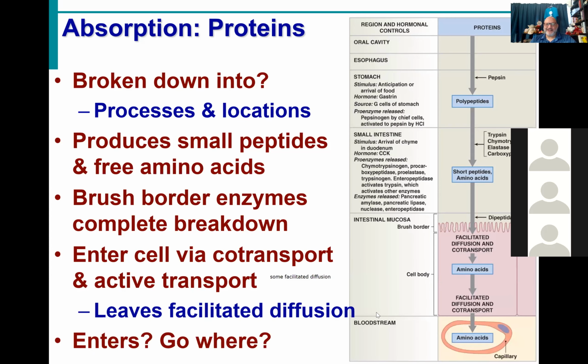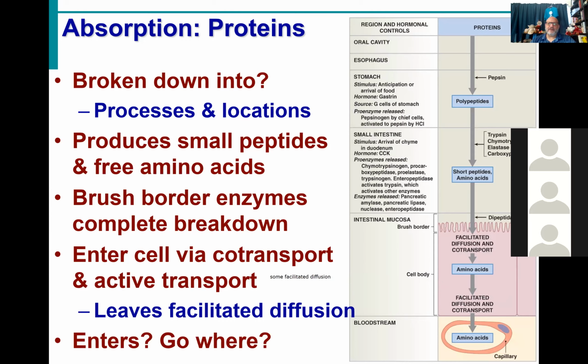Of course, once it's in, then we can get that facilitated diffusion out. And remember, we said mostly facilitated diffusion. There can be some co-transportation to help try to get it out as well. But the key is we are primarily using energy on the apical surface and primarily not using energy on the basal surface.